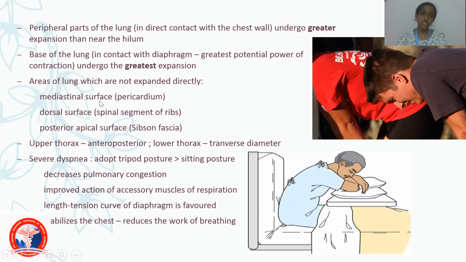So what are the surfaces which do not expand directly? They are the mediastinal surface, the posterior apical surface, and the dorsal surface. Usually, the upper thorax will expand more in the anteroposterior direction, whereas the lower thorax will expand more in the transverse diameter, where the compliance will be maximum.